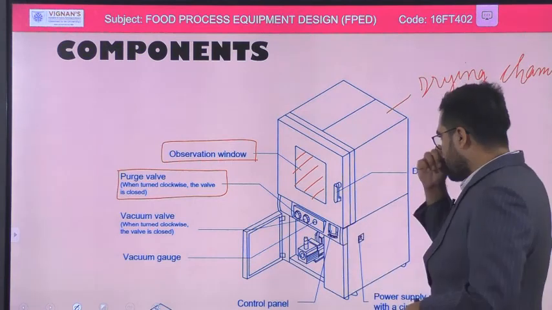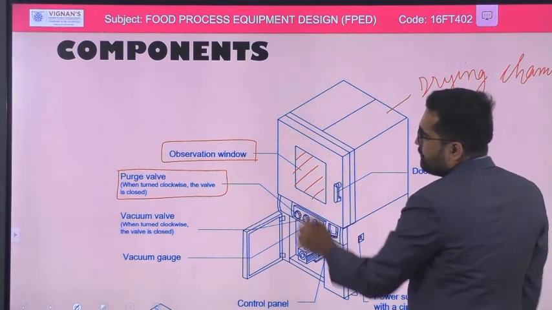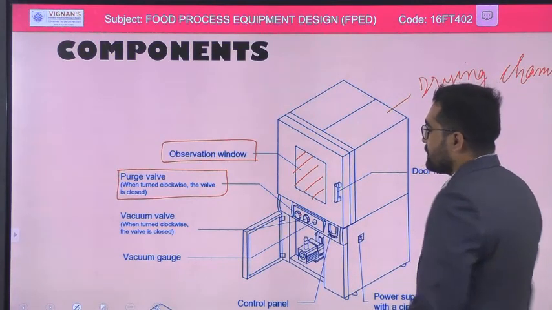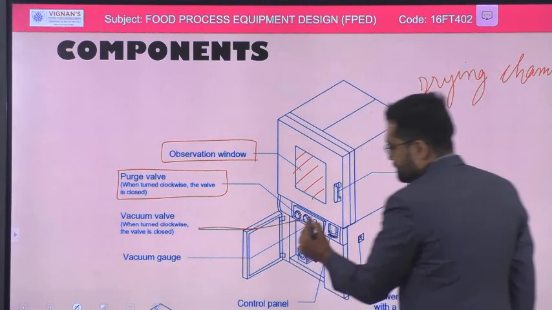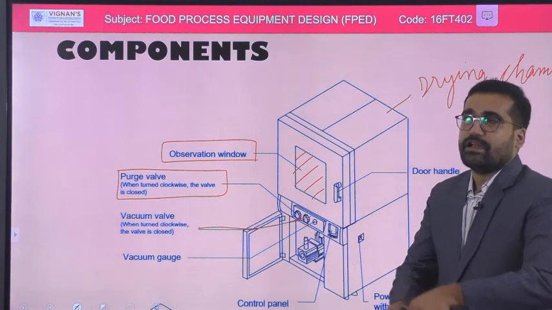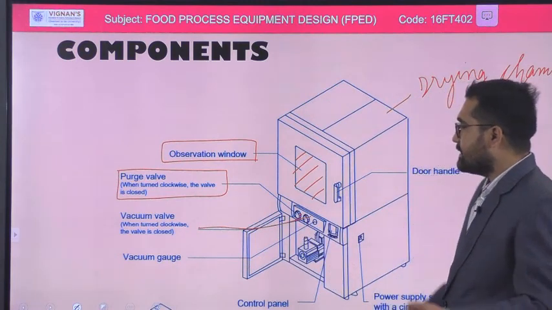So purging is important, and that's why there is a purging valve. Then there is a vacuum valve to create the vacuum, to take out all the air.